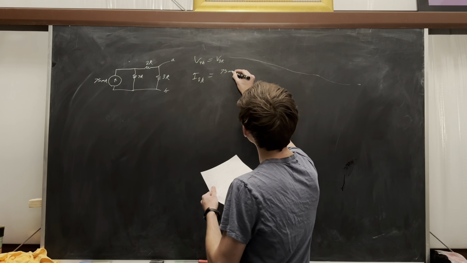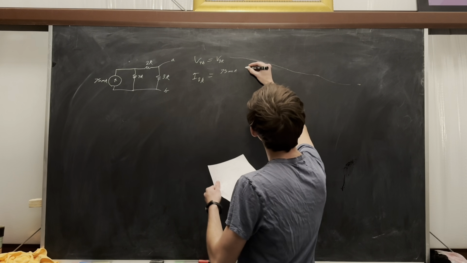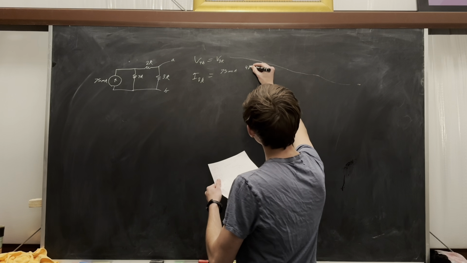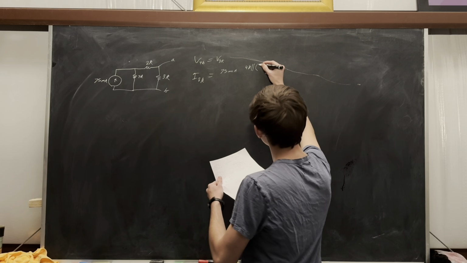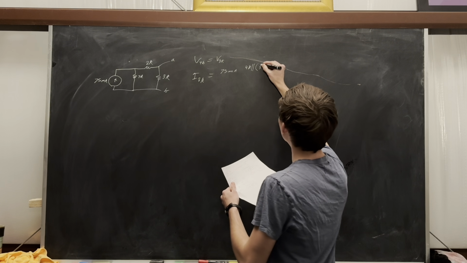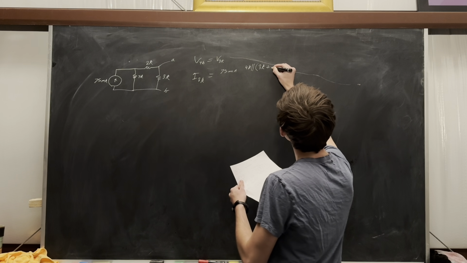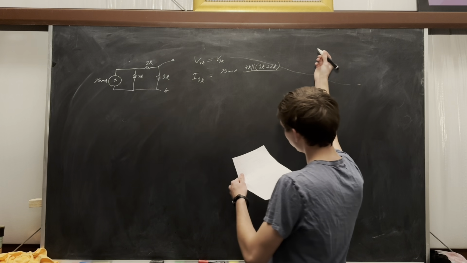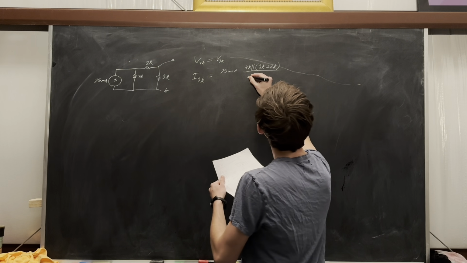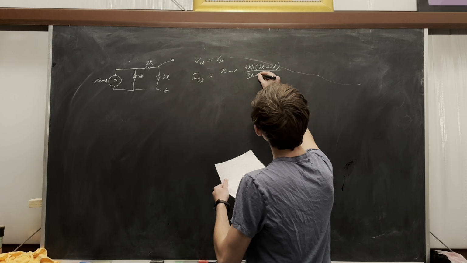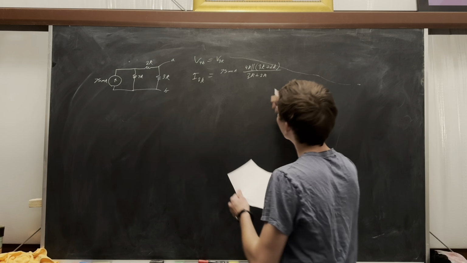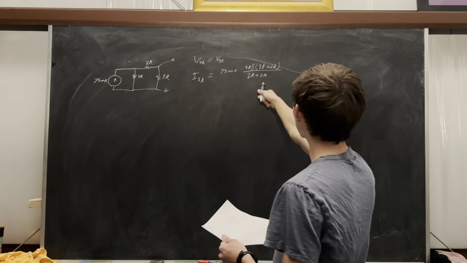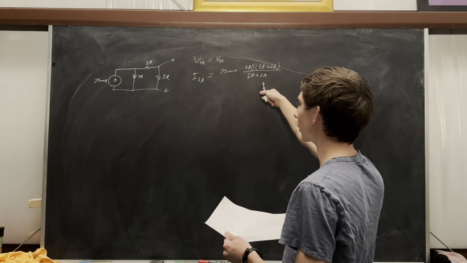That's 75 milliamps times 4 kilo ohms over 4K plus 3K plus 2K. This is just a pretty basic current divider equation.